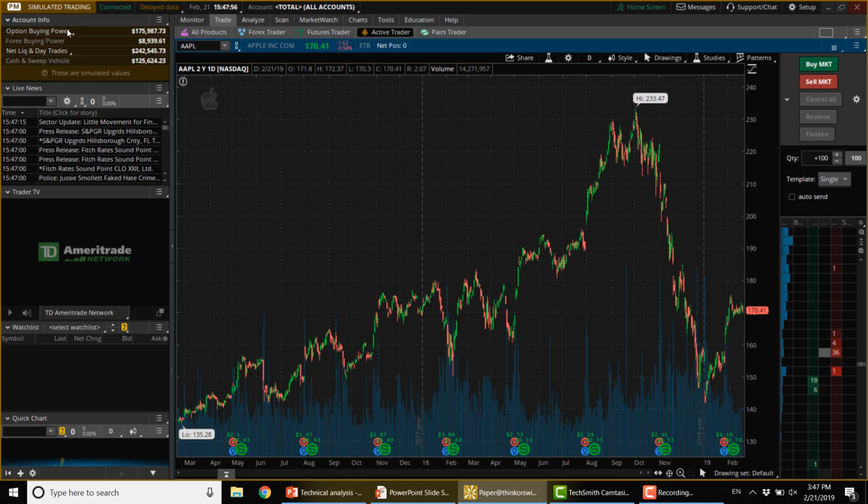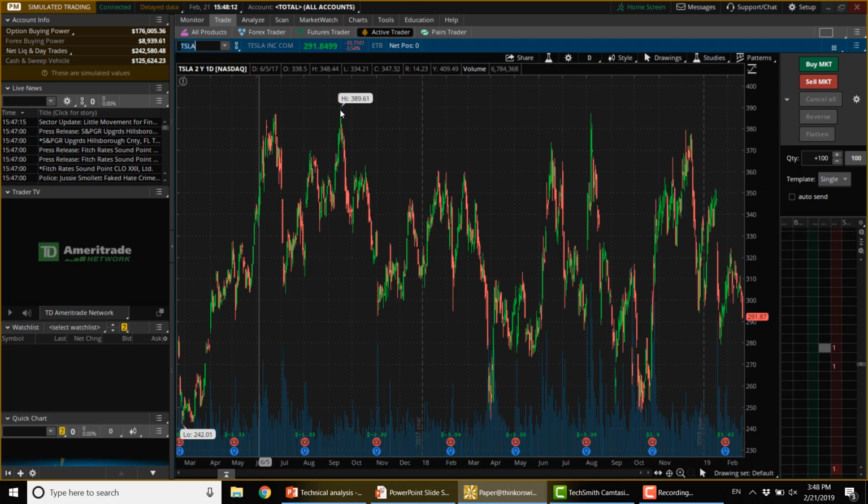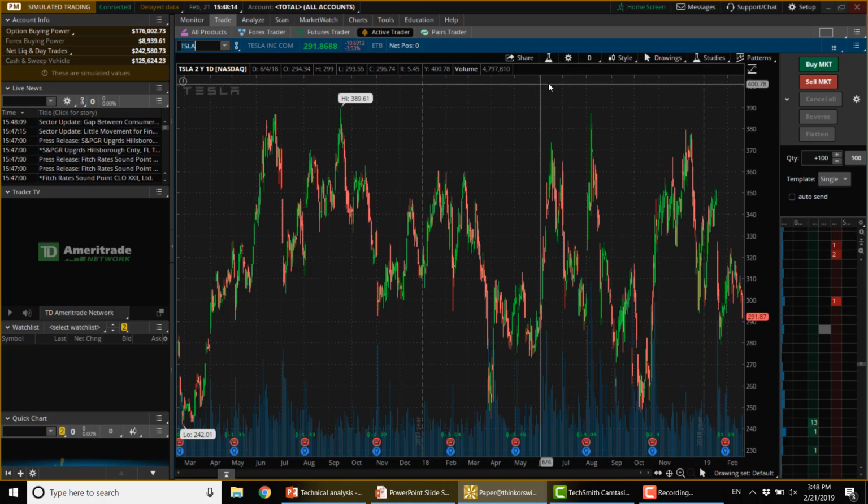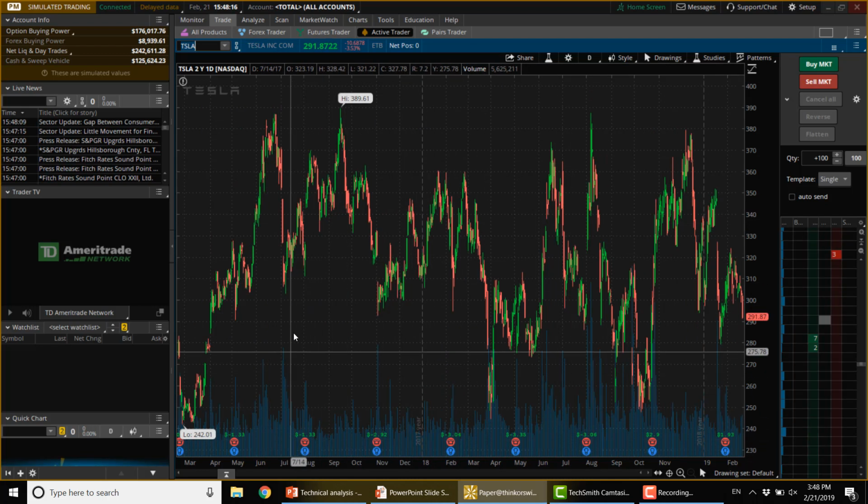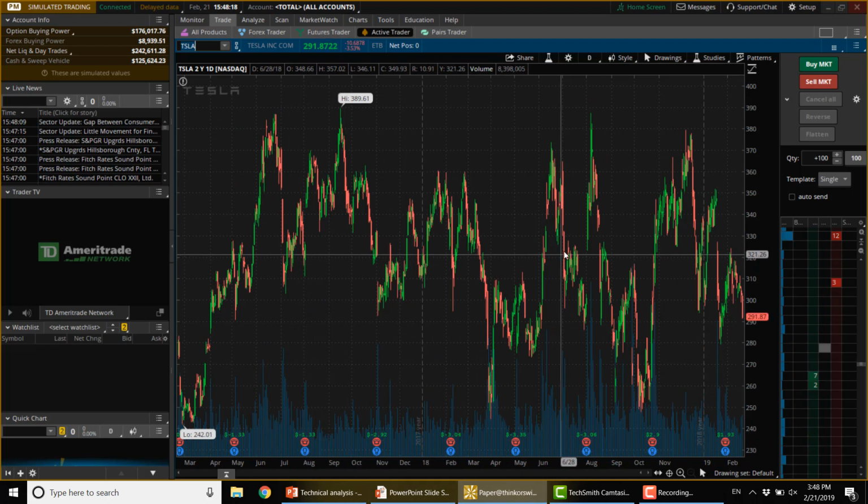So right now I'm in simulated trading, meaning this is a fictitious account, so you're not actually seeing my real Thinkorswim account. So I'm gonna look at Tesla. I'll type in over here in the top left, TSLA, Tesla's ticker symbol. And we have about 2 years worth of pricing data on Tesla.